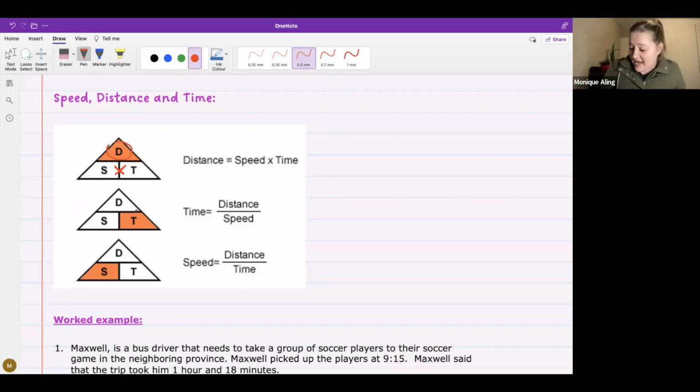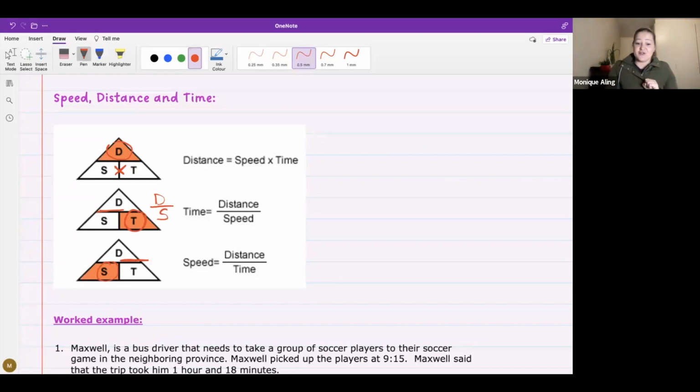Whereas if we're looking at working out time, distance is over speed. So time is equal to distance over speed. Likewise, working out speed, you can see distance is over time. So to work out speed, you say distance divided by time. So if you can just remember the triangle and then know when you're dividing and when you're timesing, that makes it a lot easier for you.